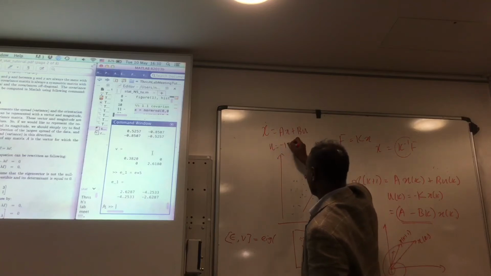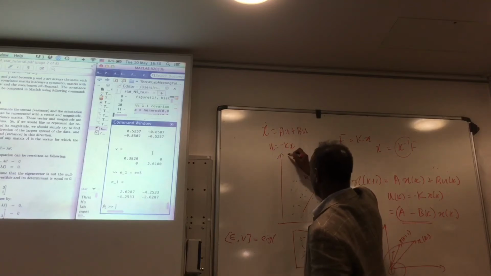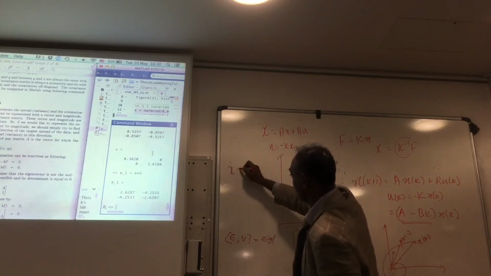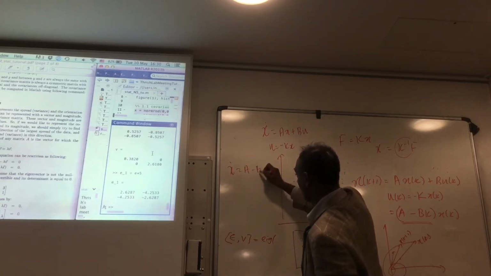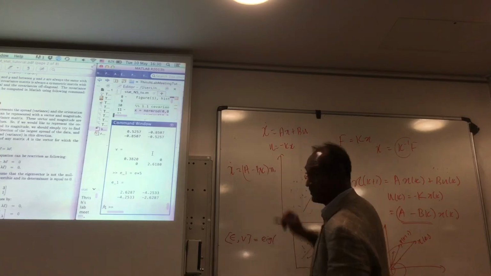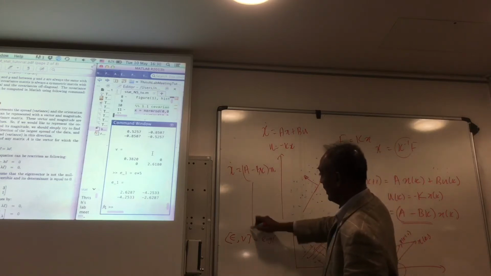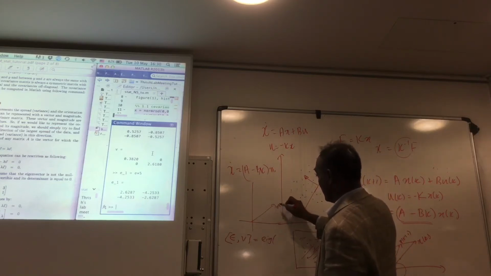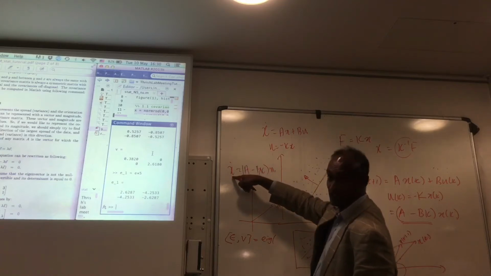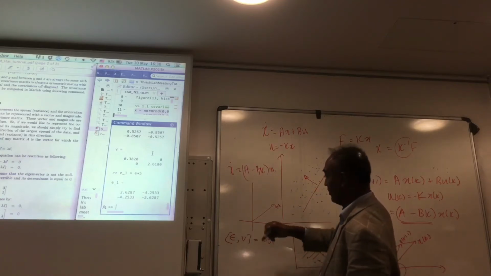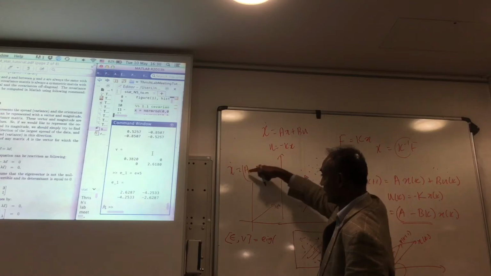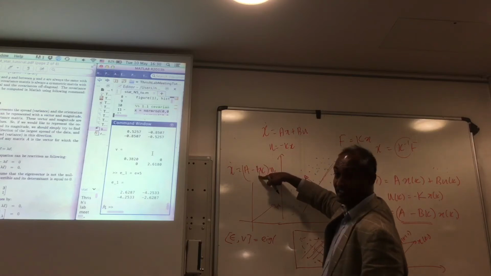If it is a continuous dynamic system, if it is x dot equals ax plus bu, same thing, u equals minus k x, then it becomes x dot equals a minus bk x, right? So that means, if you have a state vector x, your next velocity of that state will be, if the eigenvalues are negative, right?